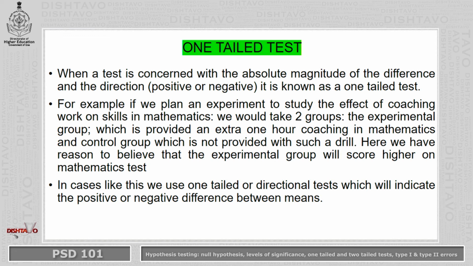Here, we have reason to believe that the experimental group, since they are getting extra training, will score higher on the mathematics test. In cases like this, we will use a one-tailed or a directional test which will indicate the positive or negative difference between means.